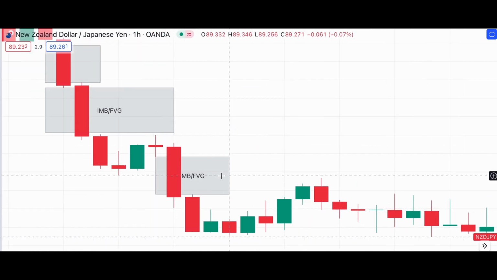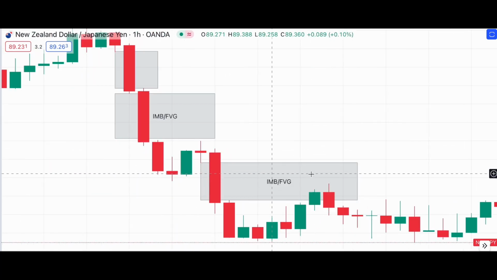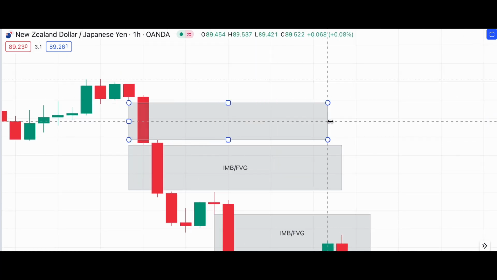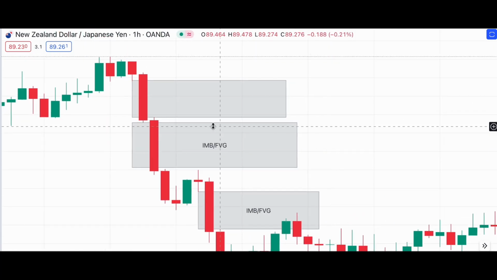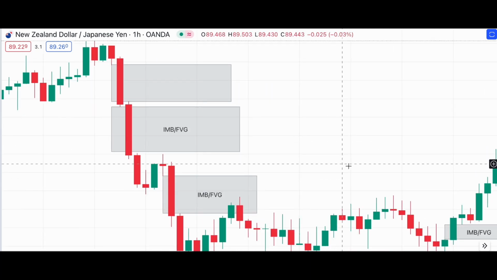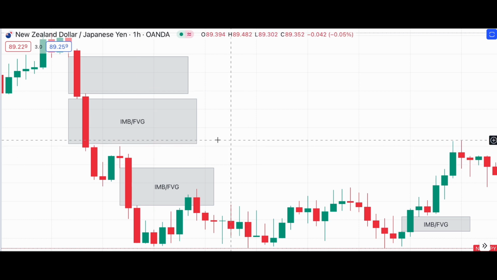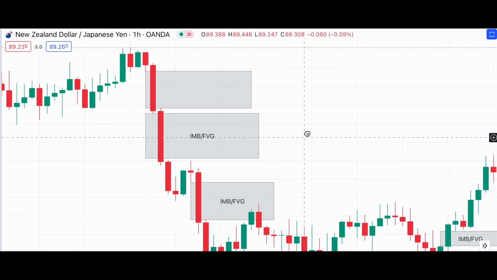So between the first and the third candle, there is a gap in between. We know right here, this is one of the opportunities for each fair value gap zone. But not every time the price will immediately react and fill the gap. Always remember.